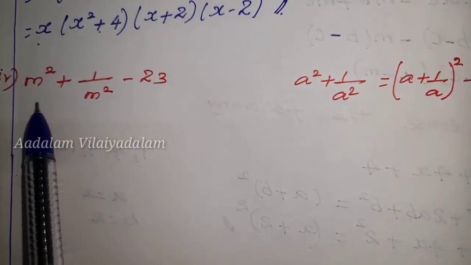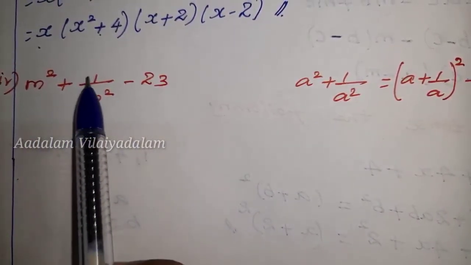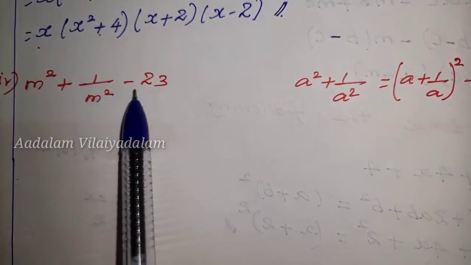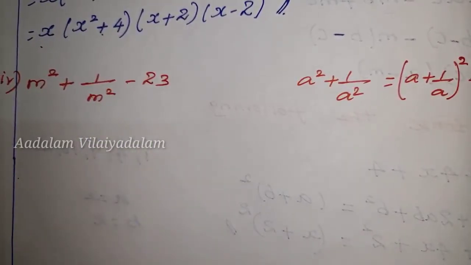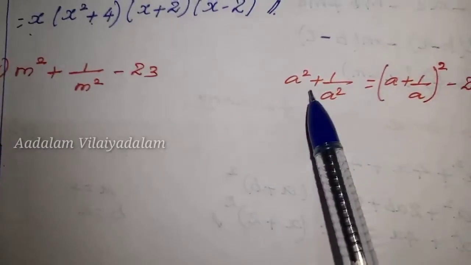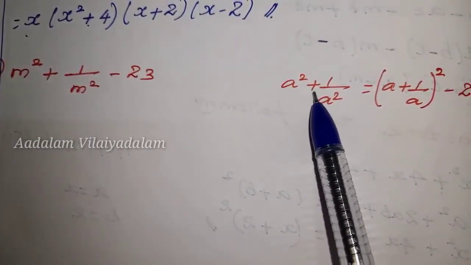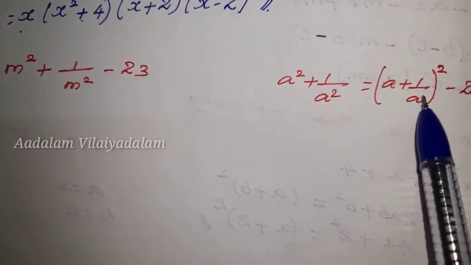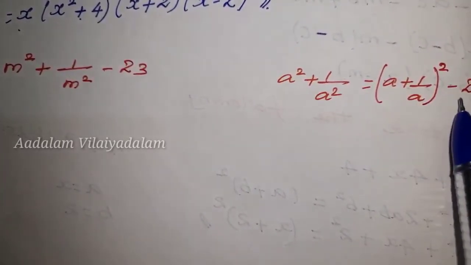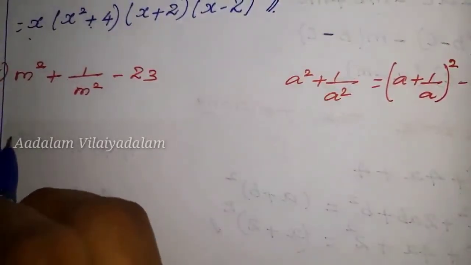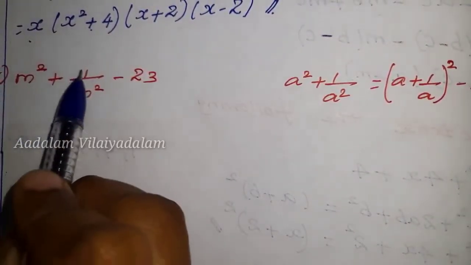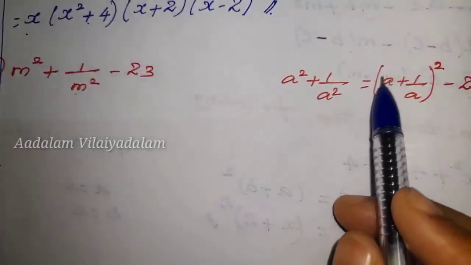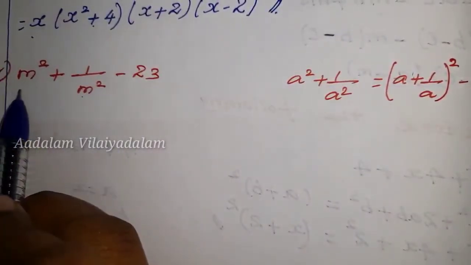Fourth question, m square plus 1 by m square minus 23. Here we know the formula, a square plus 1 by a square is equal to a plus 1 by a the whole square minus 2. Now m square plus 1 by m square, here instead of a we substitute m.